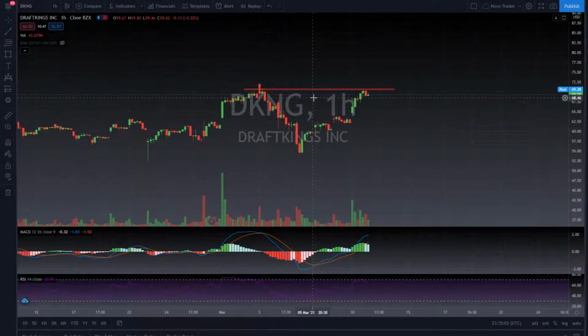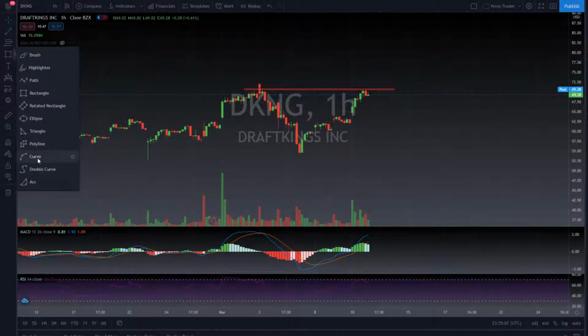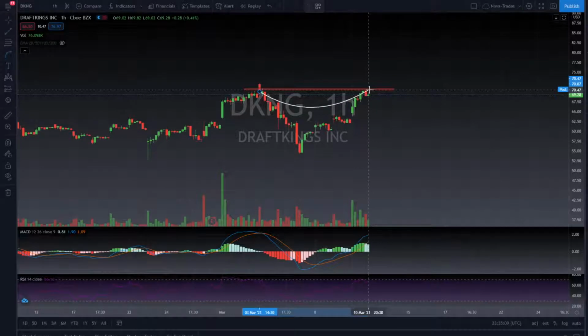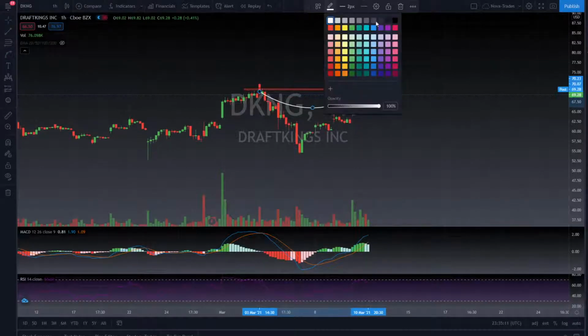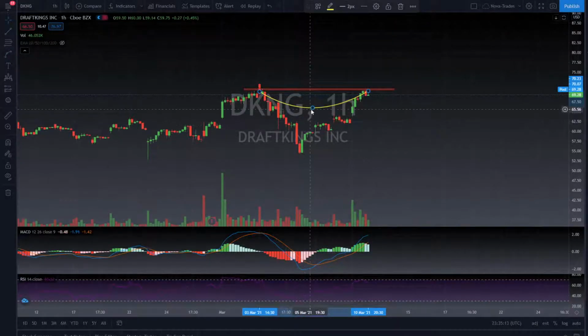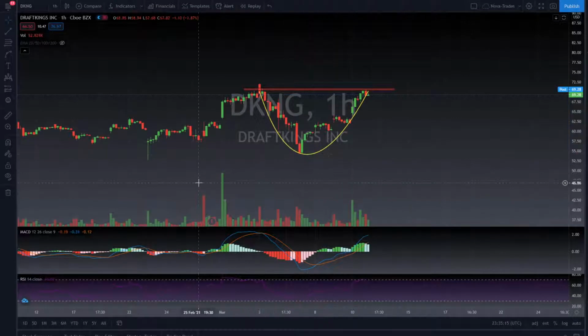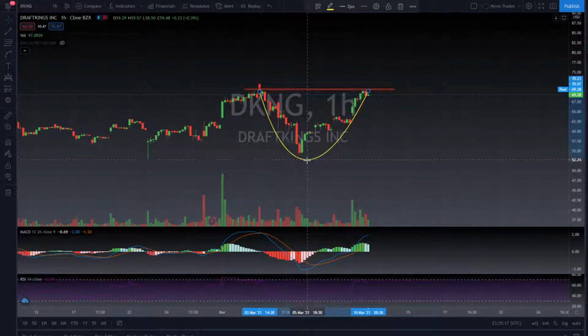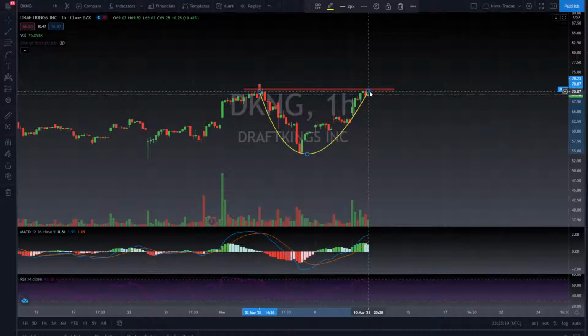So I would give this sort of this cup pattern. Let's take a look. Let's draw out our cup. Let's make it, we'll go yellow. Down like this. And you can even see it kind of follows this trend line it has right here.